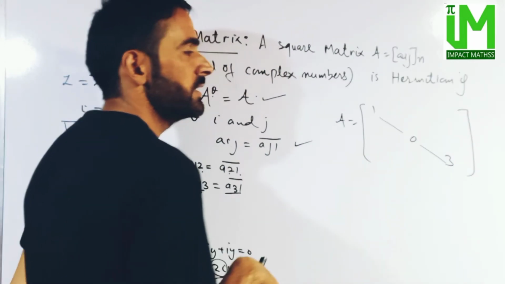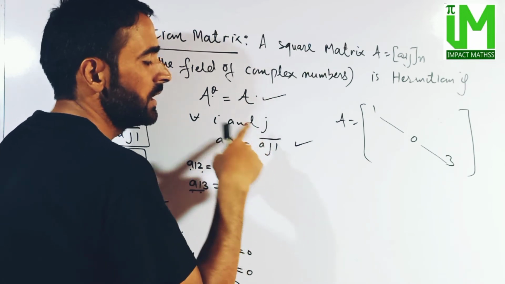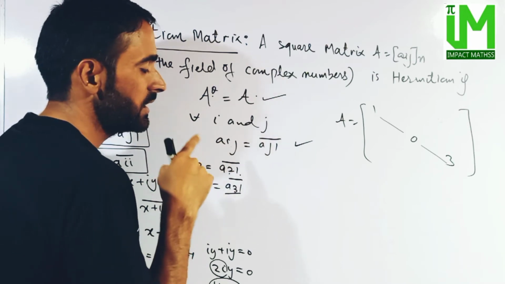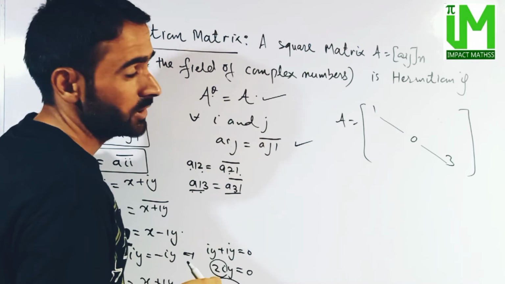But for non diagonal entries we have Aij is equal to Aji bar, यानी these entries have to be filled in such a way कि ये एक दूसरे के कंजुगेट कॉम्प्लेक्स के बराबर हो.